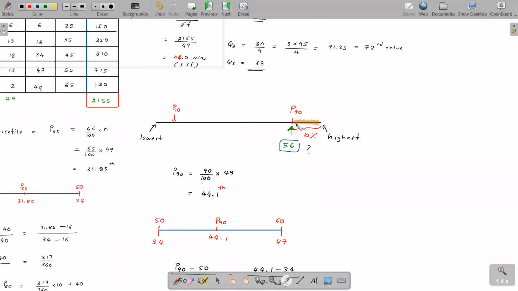So 10% of people wait more than 57.8. If you take 56 minutes, it is lower than the 90th percentile, because your 90th percentile is 57.8. So this is not true. Do you get what I'm saying here?